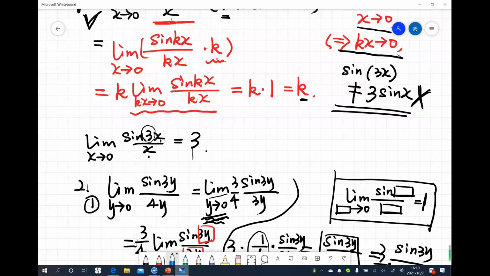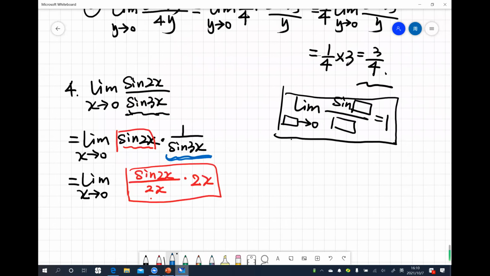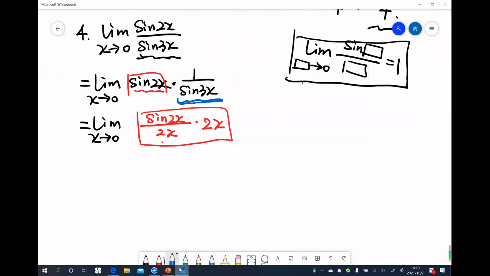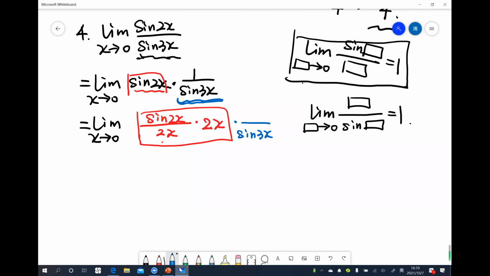Here, also the same, as long as these 3 parts are the same, the limit is 1. So here we can say that is sine 3x, right? And if I want to use this formula here, I want 3x.